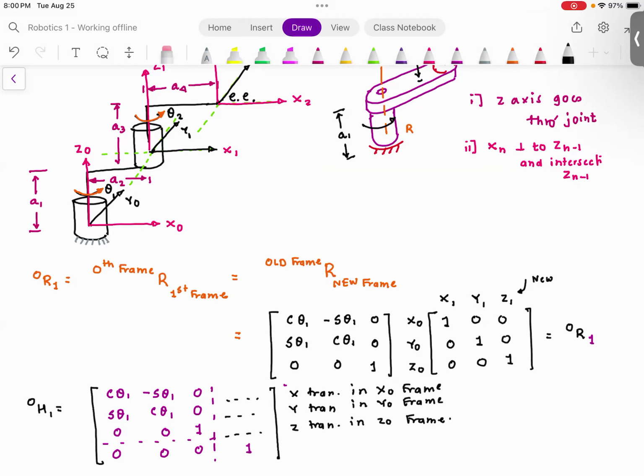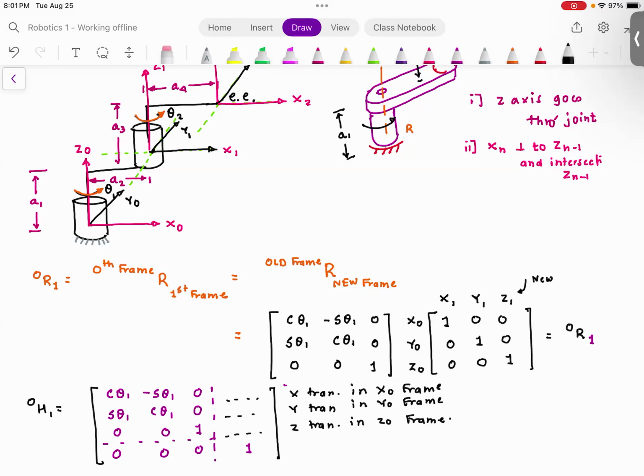But you cannot just arbitrarily write the frame distances. That dimension is a vector, which means it needs to be in a certain coordinate frame. So the distance between the new coordinate frame and the old coordinate frame must be expressed in the old coordinate frame. What do I mean by that?